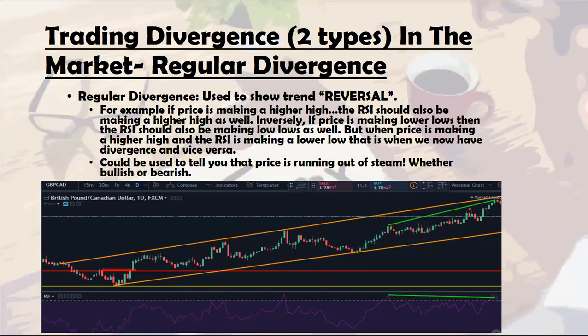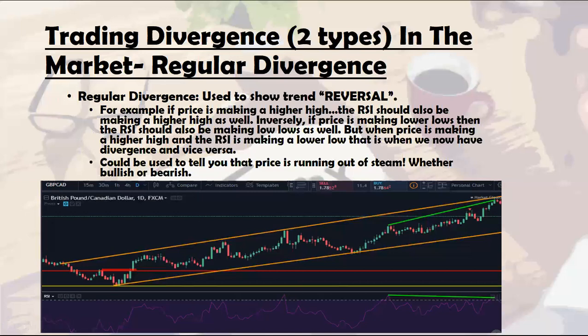Another confirmation would be that price is at the top, price is at resistance. Usually it bounces down off resistance. Usually we have a bearish imprint off resistance. So that's one thing you want to keep in mind: just because I'm only talking about regular divergence now doesn't mean that's all we'll be covering.